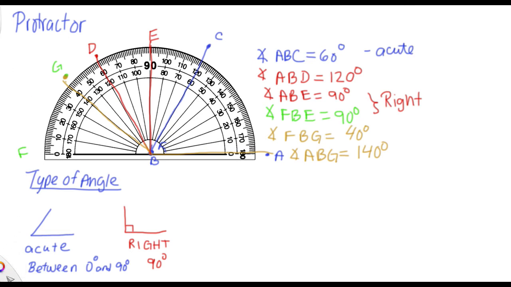An obtuse angle is an angle greater than 90 degrees. So for example, ABG is 140 degrees. This would be considered an obtuse angle.